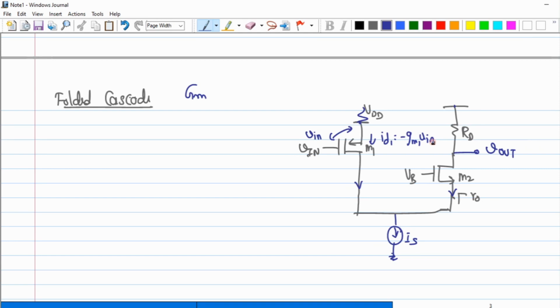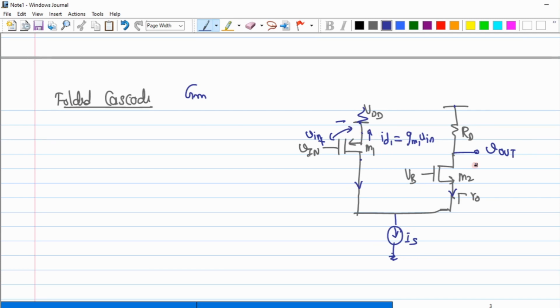Don't ask me why I have written the negative sign, just because I put the current direction here, which flows from source to drain, even though I have polarity as plus and minus here. Or if you want, I'll just replace that, if it confuses you. So I have plus and minus, due to which the current always flows from drain towards the source. This is what I have as the small signal current.